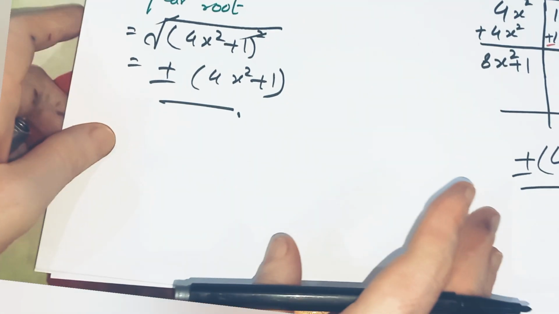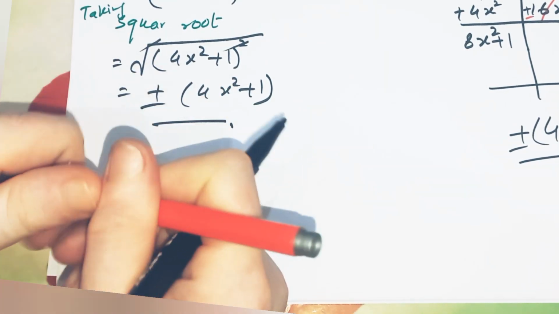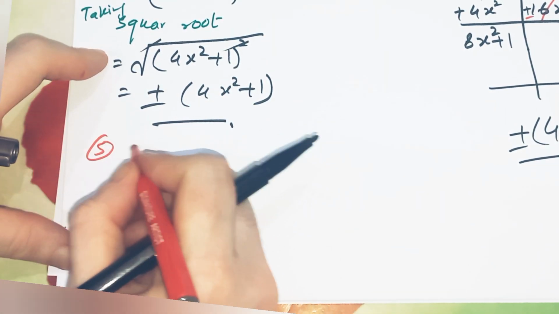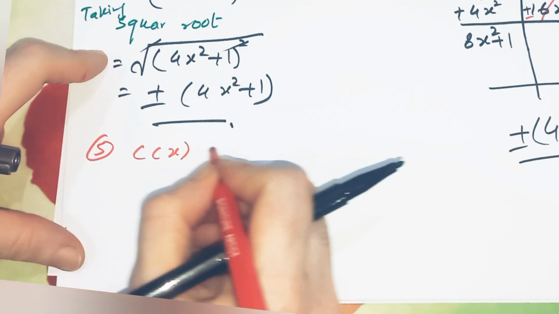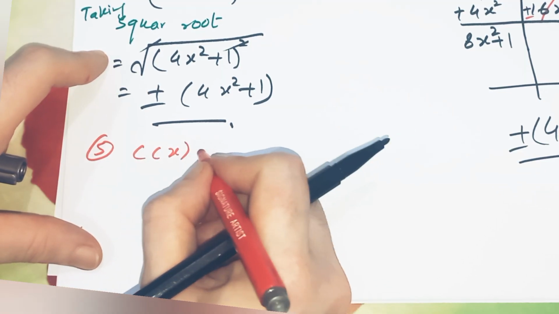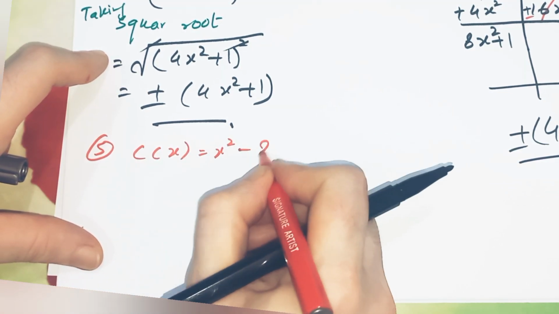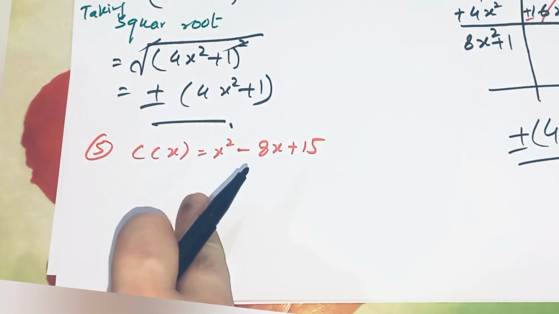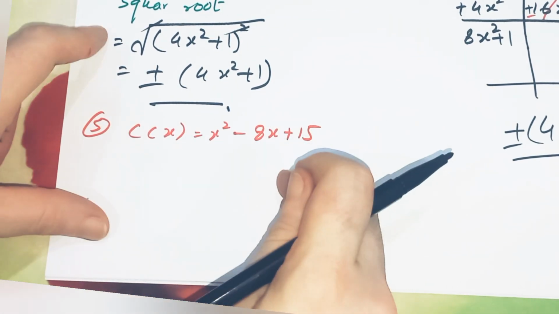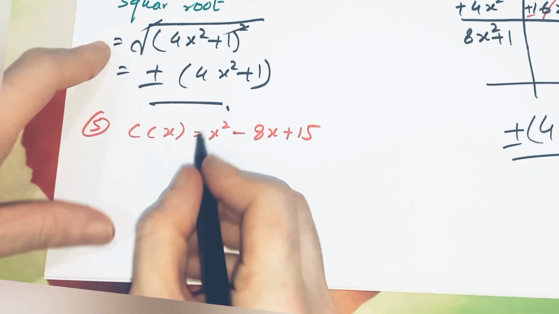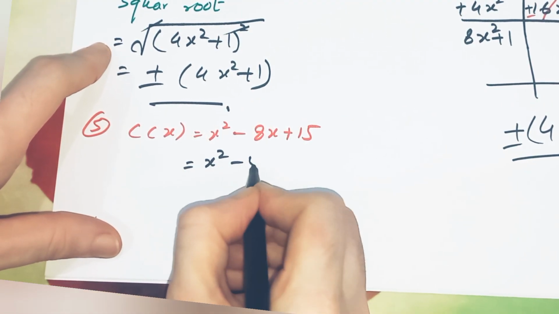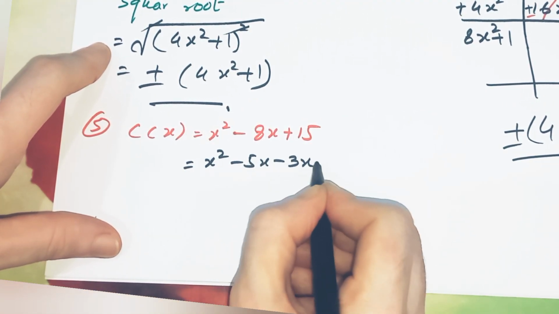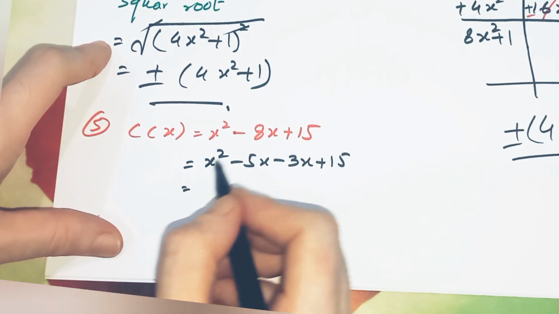The question is question number 5. For the sum of terms, we write a capital of some terms equal to x square minus 8x plus 15. Very, very simple question. We only make some factors. 5 threes are 15, so 5x, 3x and 15.